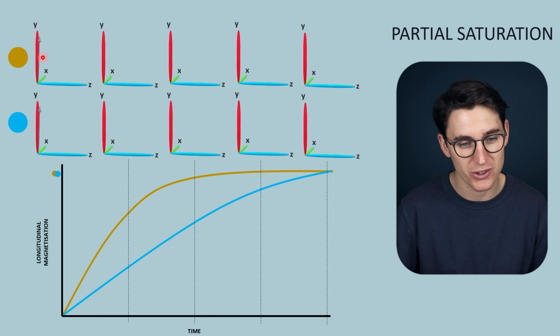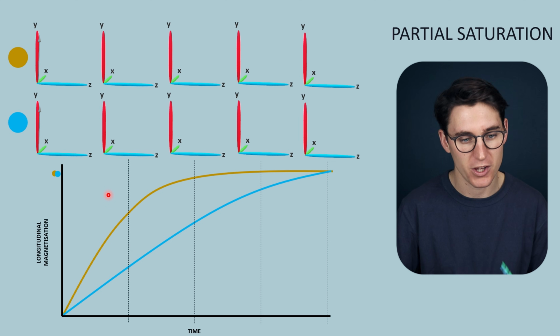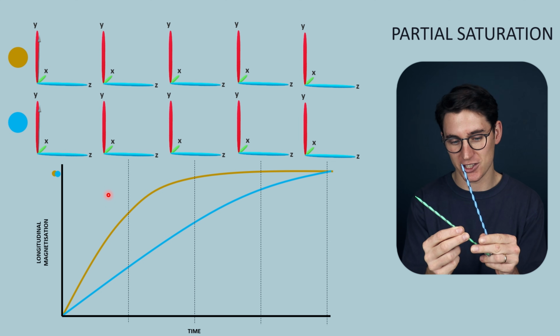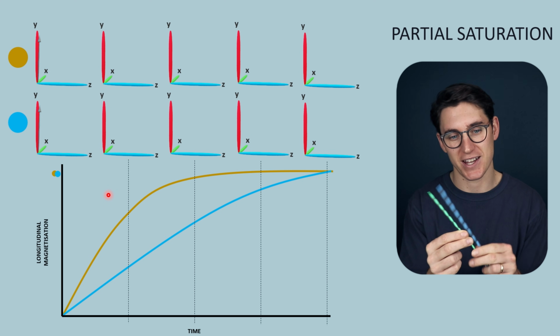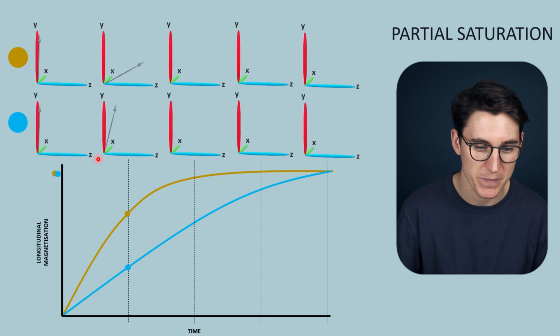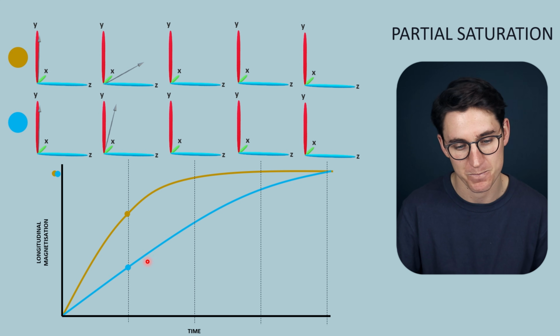Now what happens to these vectors as we wait till this TR? Well, we've seen that fat is going to recover its longitudinal magnetization faster than the CSF has. So here we can see that fat has recovered some longitudinal magnetization to this level. CSF has recovered less longitudinal magnetization because it has a longer T1 time.